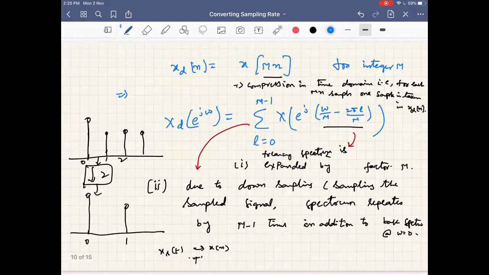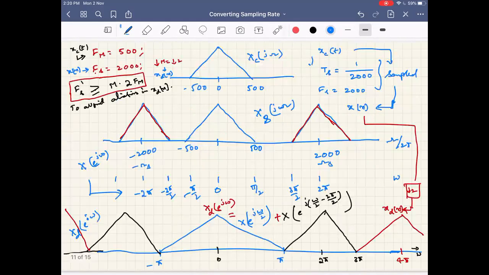So there is a difference between the downsampled spectrum and the original spectrum by this constant term 1 by M in scaling as well. Please note that. Here it is 1 by T, and once it comes here, for Xd, it is 1 by MT. This is the height of this peak.